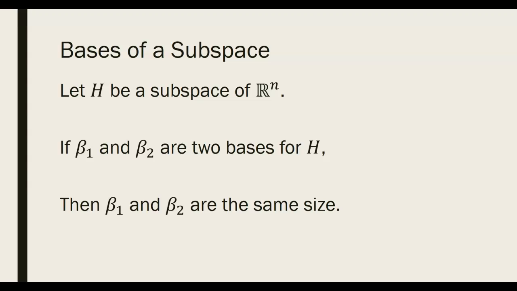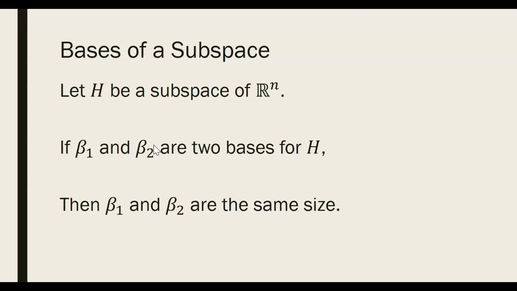So in other words, if there are two vectors in basis 1 for H, then in basis 2, there are also going to be two vectors. If there were 10 vectors in basis 1 for H, then in basis 2 for H, there's going to be 10 vectors.